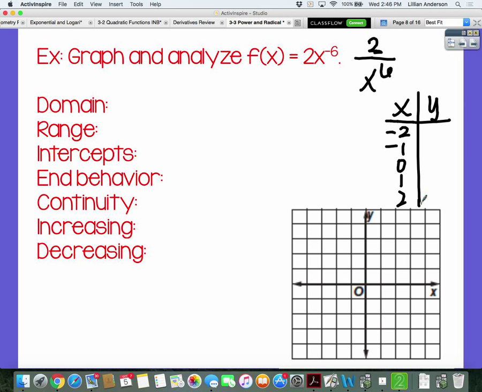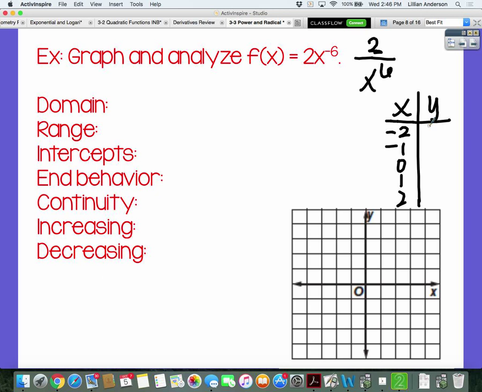Now when I plug in negative 2 and I raise it to the 6th power, that's already going to be an even positive number. Now you should already know that 2 to the 5th is 32 because we just did it, so raised to the 6th power is going to be 64. So it's going to be 2 over 64.